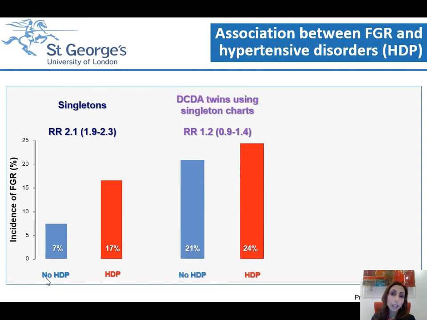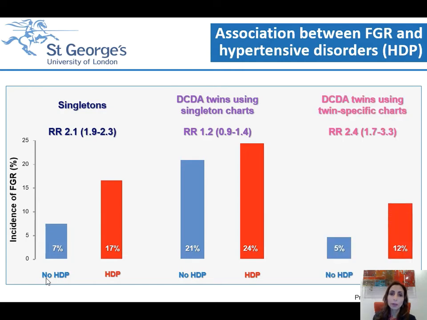When they looked at the dichorionic twin pregnancies and assessed them using the singleton chart, they did not find a significant relationship. There was no association between fetal growth restriction and hypertensive disorders, which is difficult to comprehend.